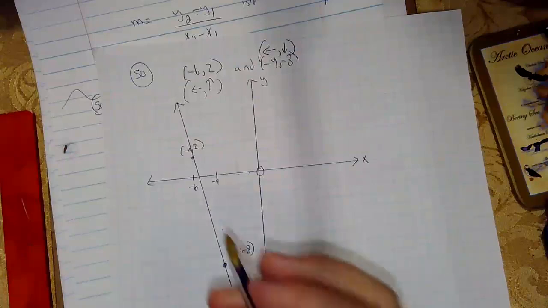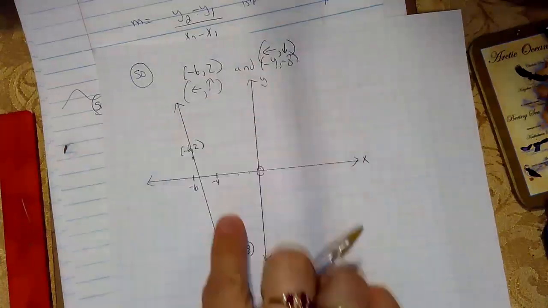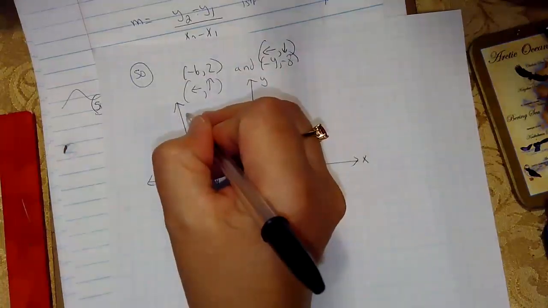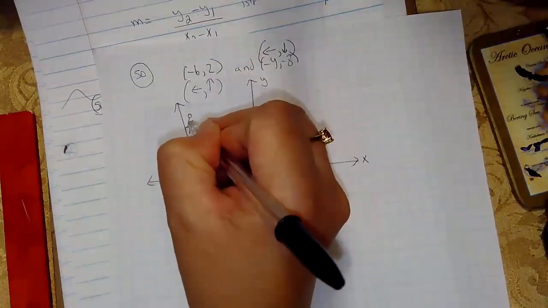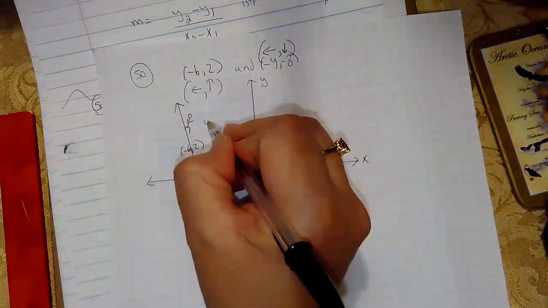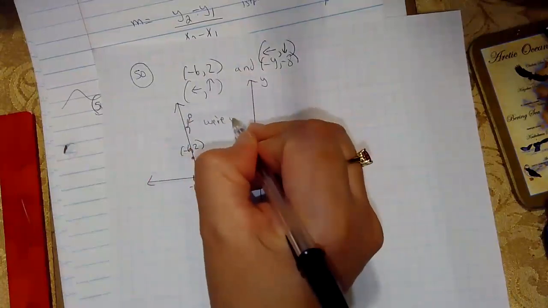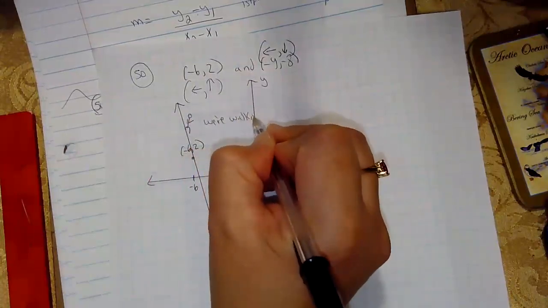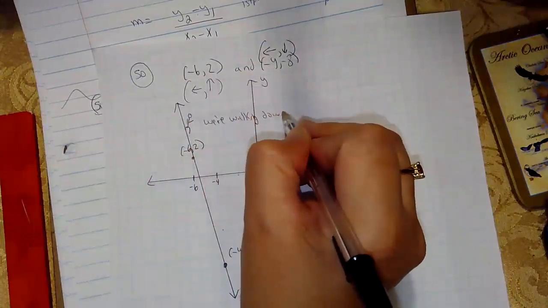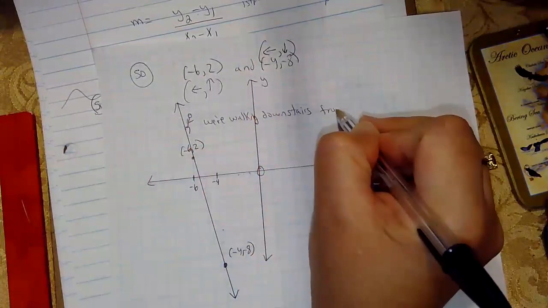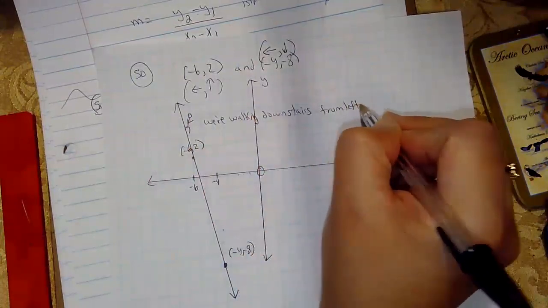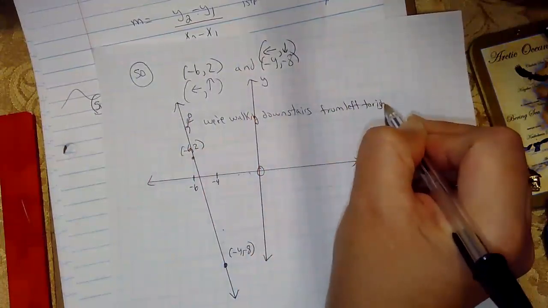Yeah, so see how the line falls? So if you think about yourself, being on this line, we're walking not upstairs, but we're walking downstairs from left to right.